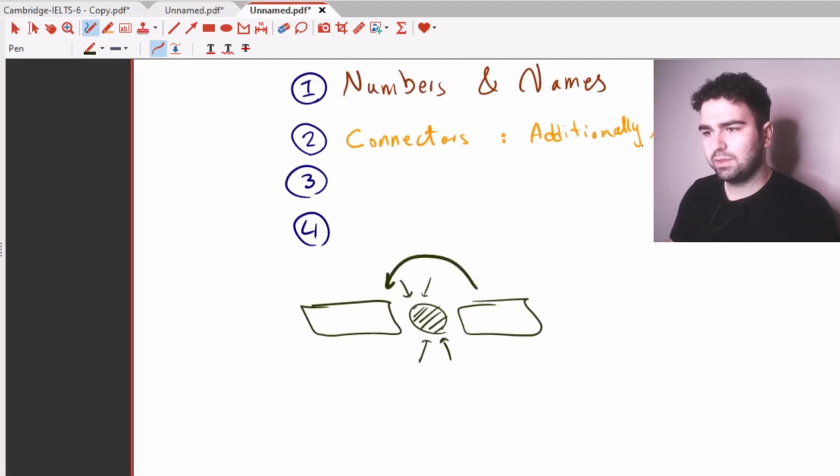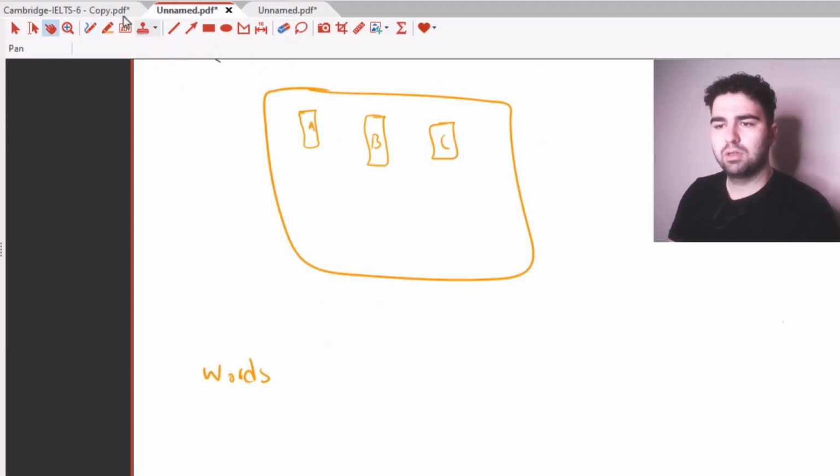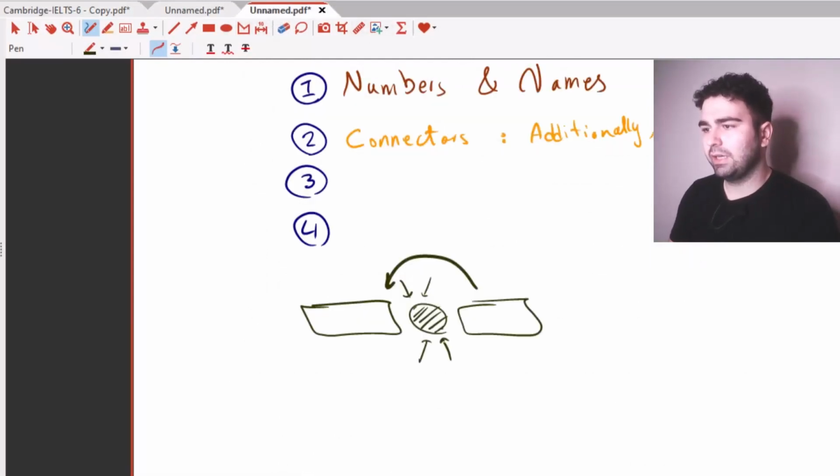Or again, something such as to explain, to make it clear, to explain, or anything like this. I just wanted to let you know. Look at this. It says an explanation of how something is happening. A reason. Again, another connector that we have is because.